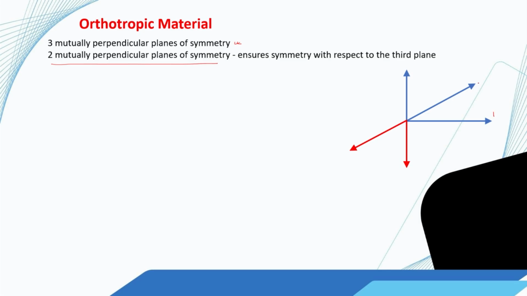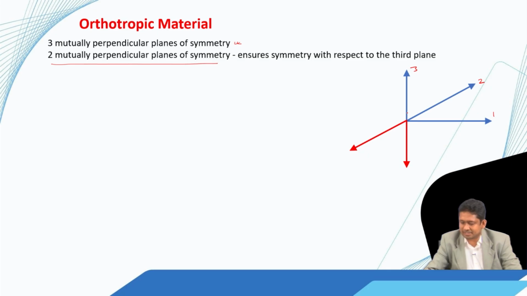Now, let us suppose we have this axis system 1, 2, 3, and in monoclinic material we saw that if this axis 3 is inverted and becomes 3 prime, then the same constitutive relation holds.